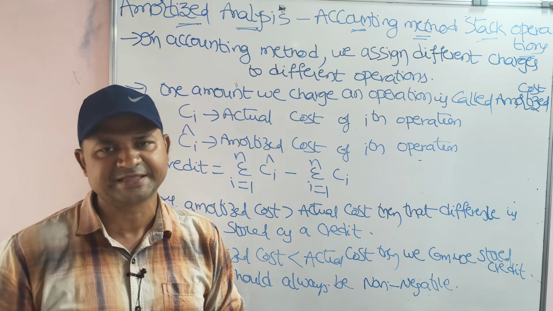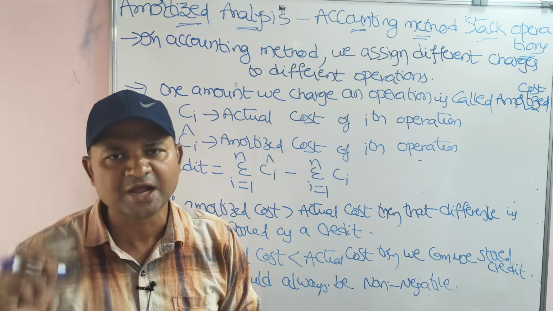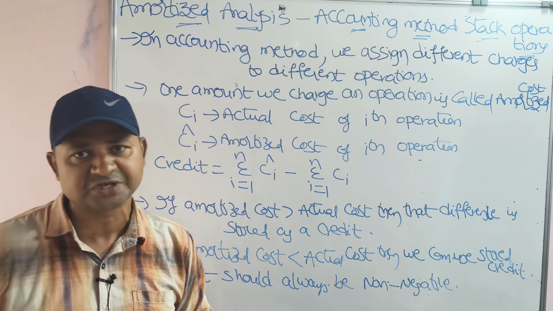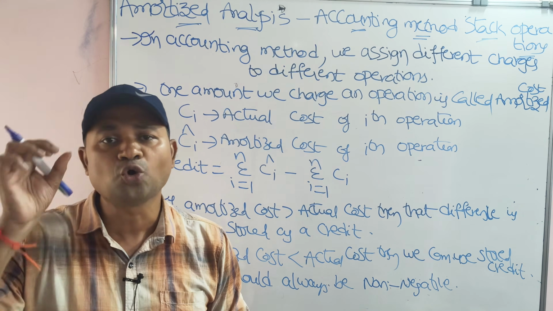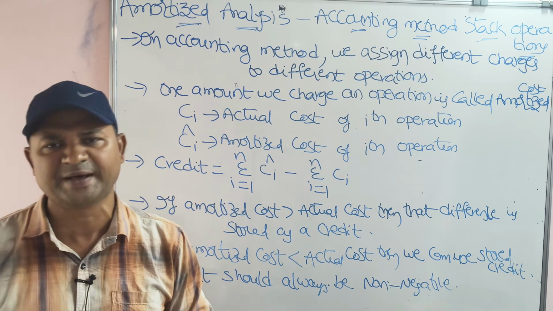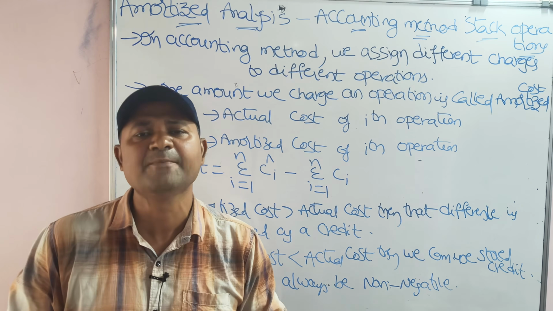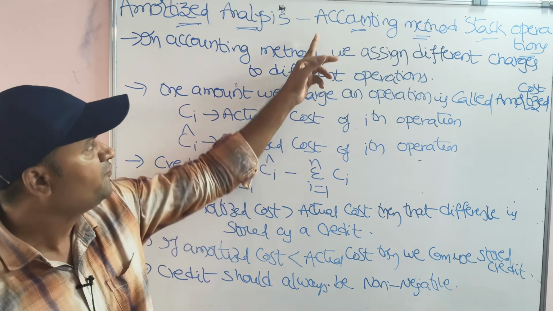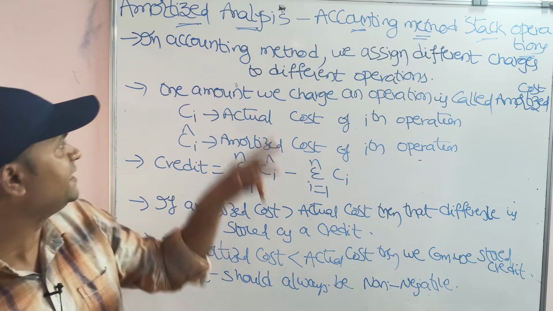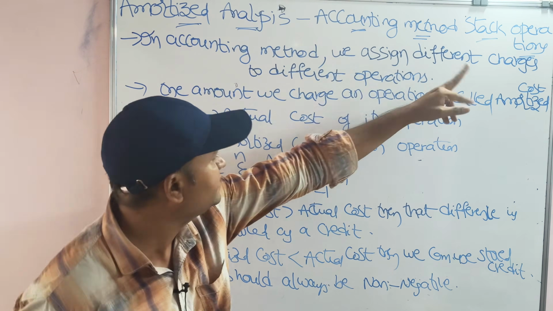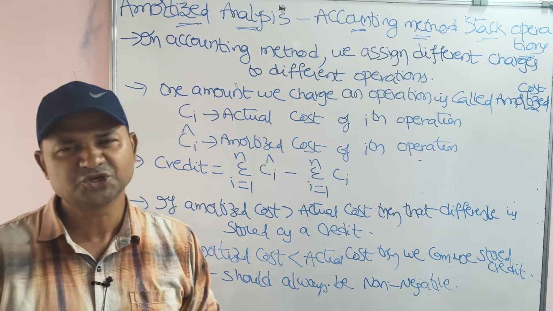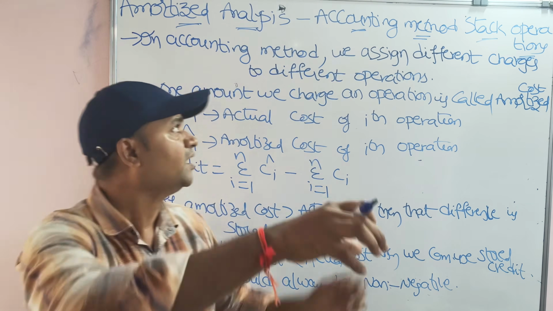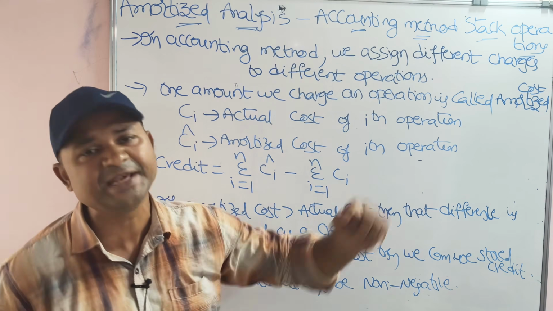In aggregate method, in order to calculate amortized cost per operation, the formula is total cost of all the operations by number of operations. Whereas in accounting method, we assign different charges to different operations. So this is the difference between aggregate method and accounting method.